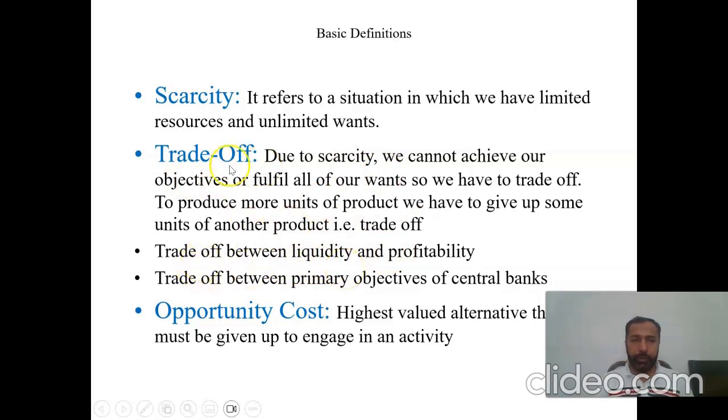For example, the first example of trade-off is between liquidity and profitability.